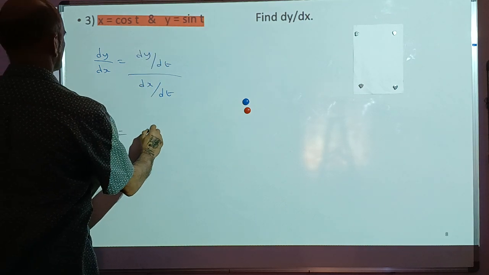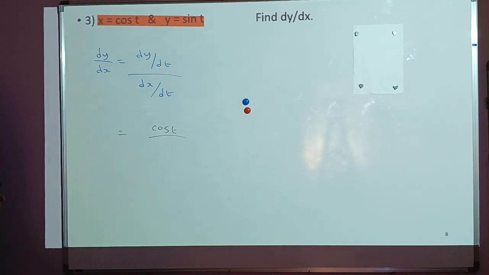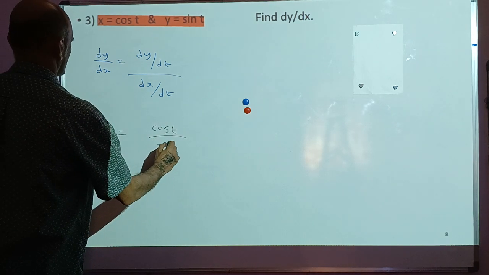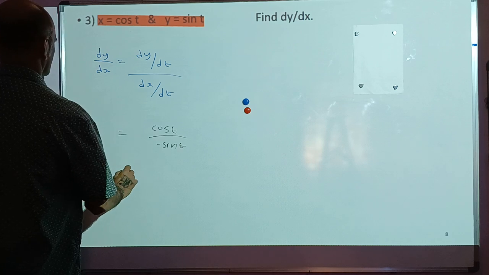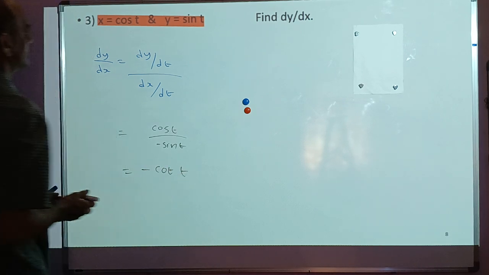Derivative of sin is cos t and derivative of cos is minus sin. It's minus cot t.